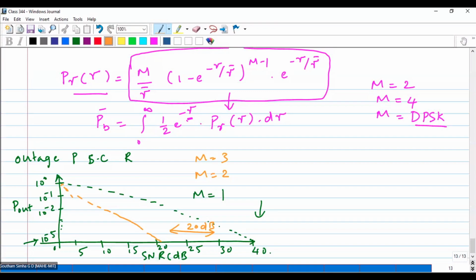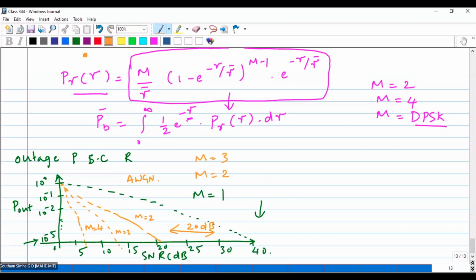This is for m equal to 3. Now, if you bring in m equal to 4, somewhere around m equal to 4, you will get at 7 dB. This is even better than your AWGN channel.